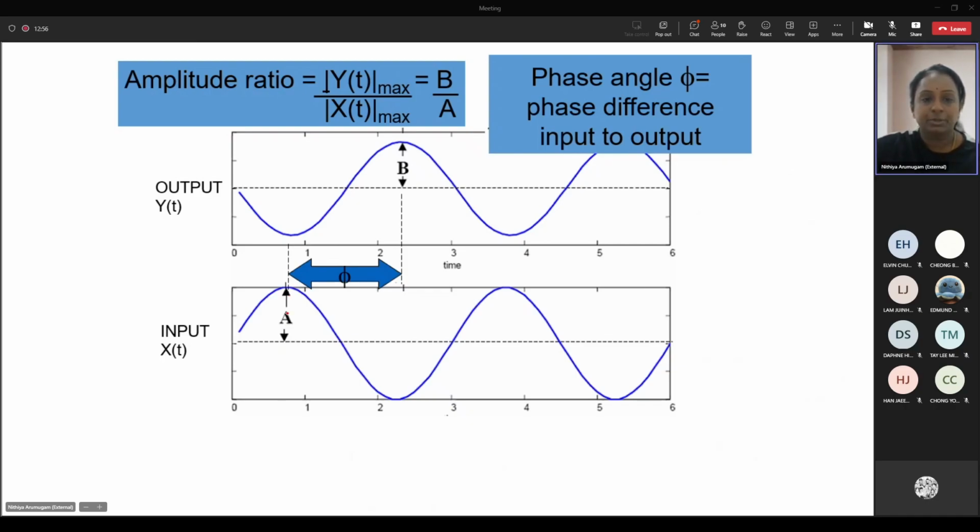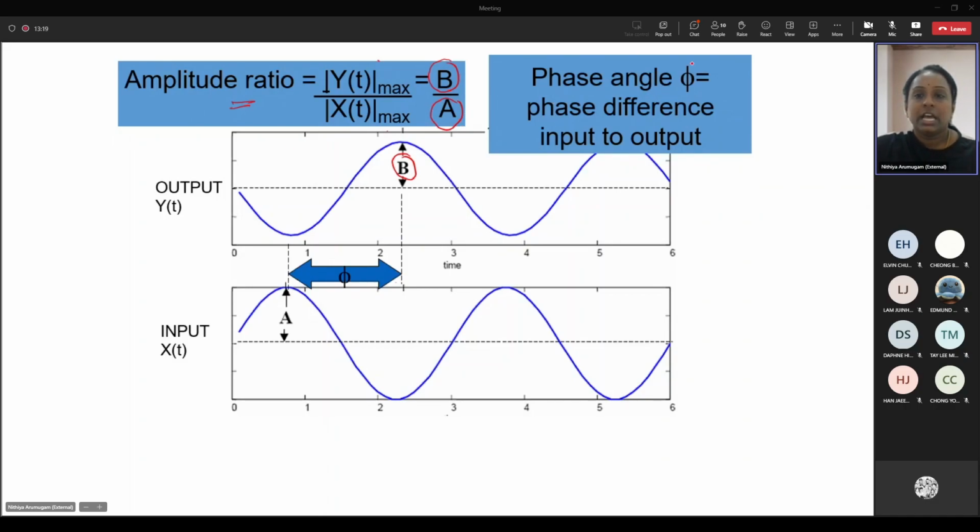The amplitude here is A, and the output graph, the amplitude here is B. So the amplitude ratio will be the output amplitude over the input amplitude.